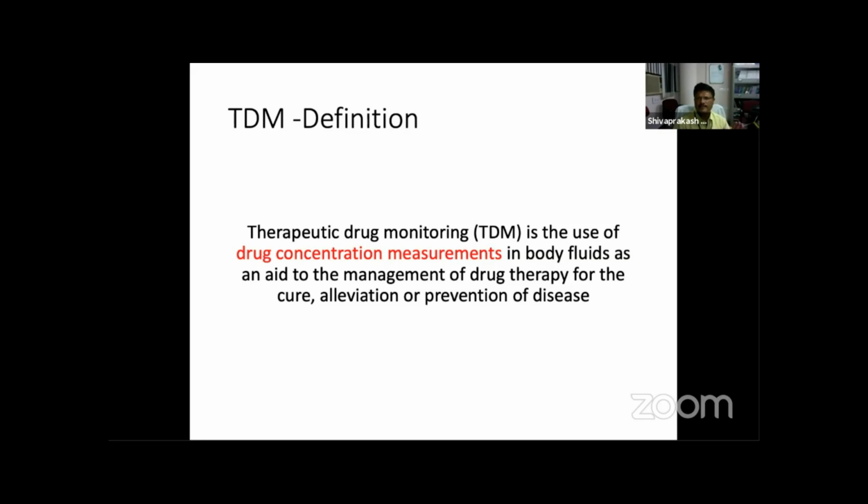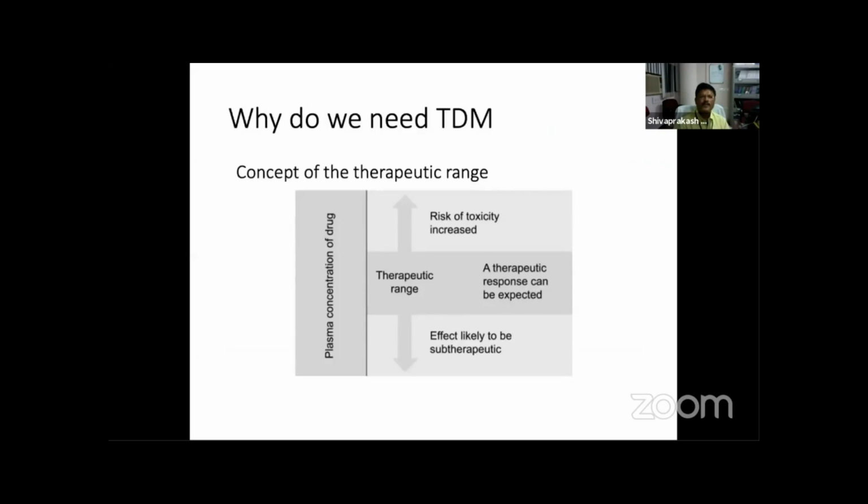Generally speaking, with regard to antifungals, we do TDM mainly to see whether the dose achieved is exactly what is required to be efficacious, or whether the dose is too high so that the patient may turn toxic. Here you should understand the therapeutic range. If you give a drug to a patient, I try to assess the concentration of the drug within the plasma.